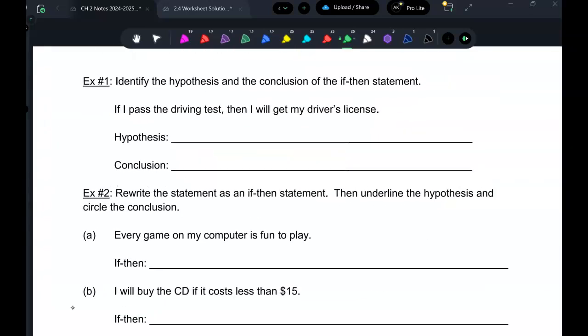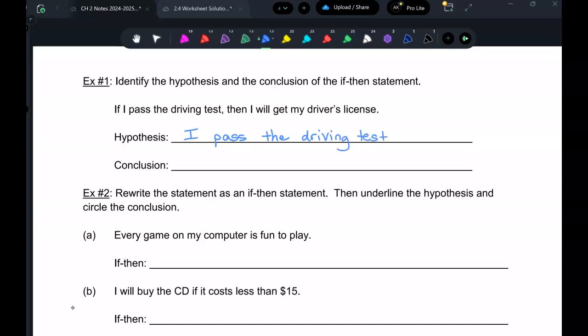All right, here's another example. If I pass the driving test, then I will get my driver's license. The hypothesis doesn't include the word if, so you're just going to have I pass the driving test.